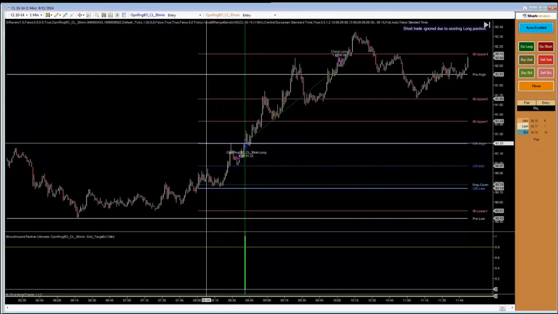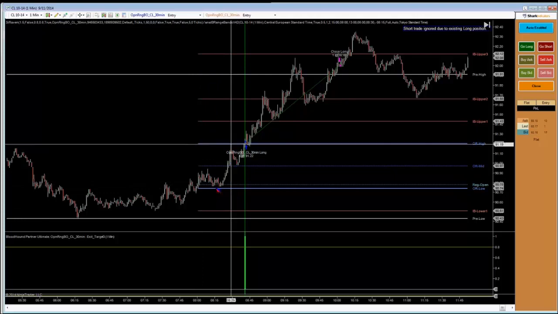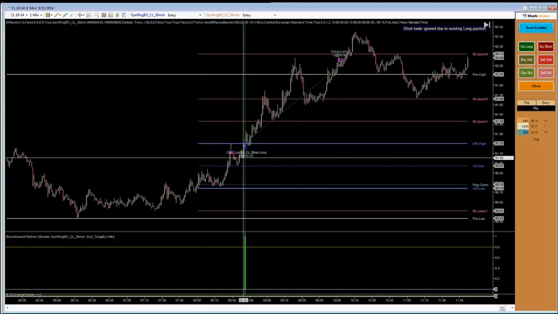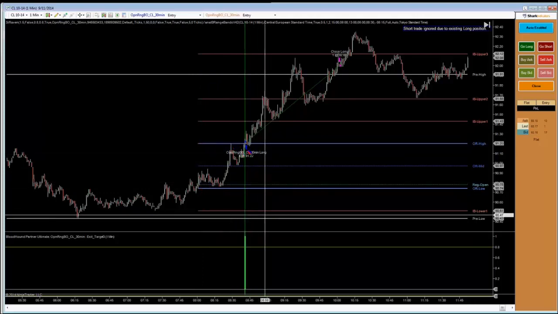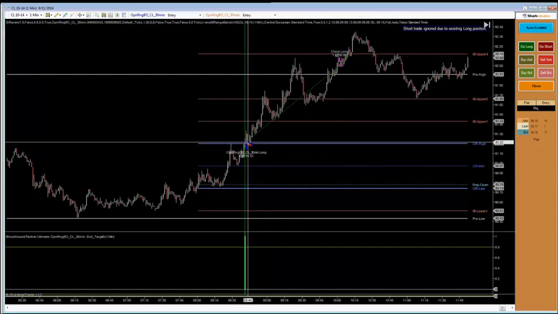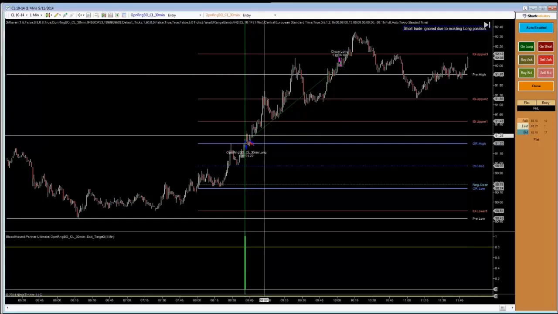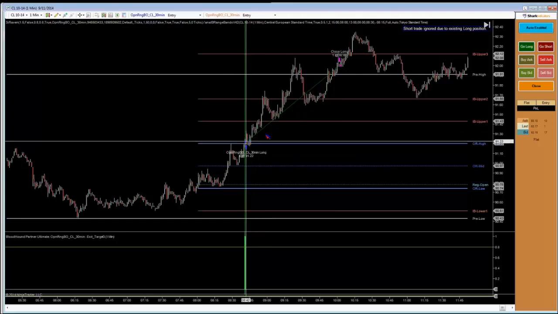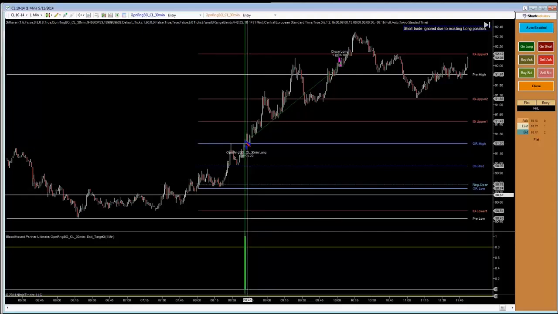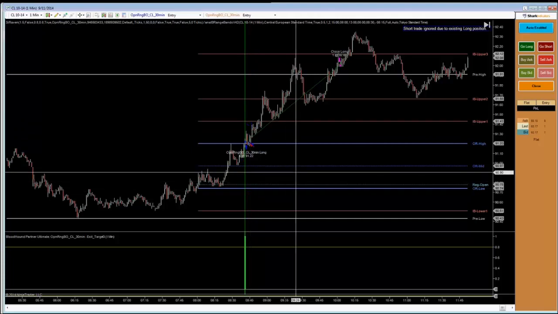So we're taking the first 30 minutes and we are marking the high of that range and the low of that range. All right, and then at the end of that 30 minutes, the first bar that breaks out of one of those sides, we're going to enter at market the open of the next bar. Now in a live situation, you might want to enter once we break it, say 2 ticks above it or 2 ticks below it, or even 8 ticks above it or 8 ticks below it.